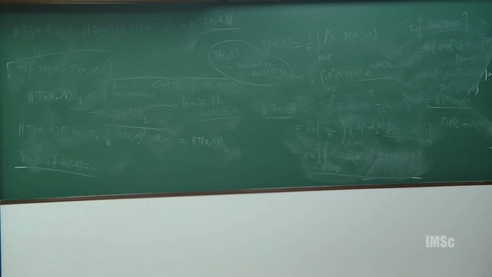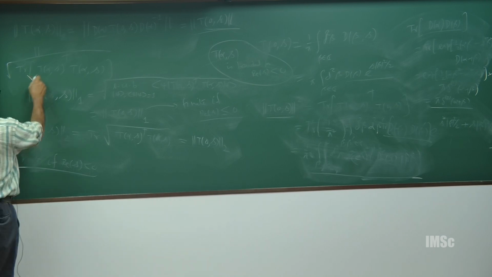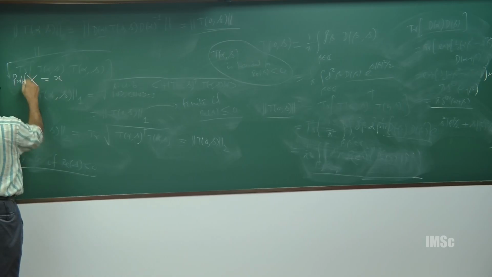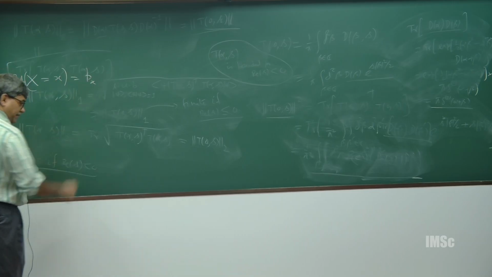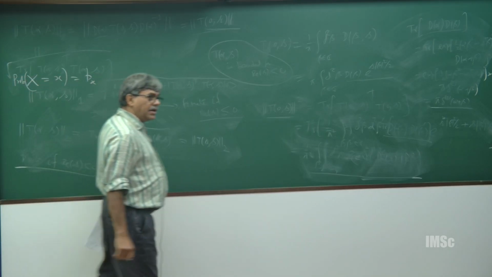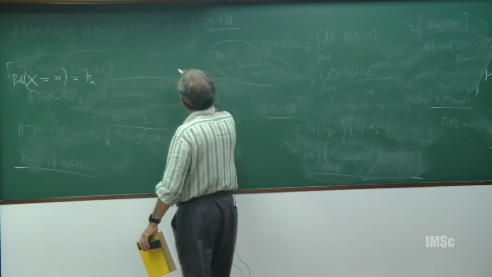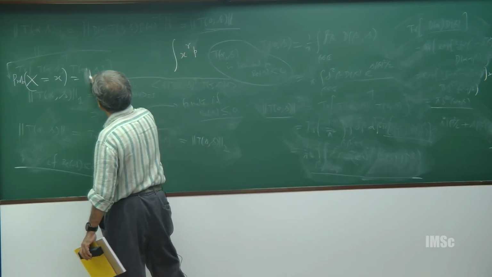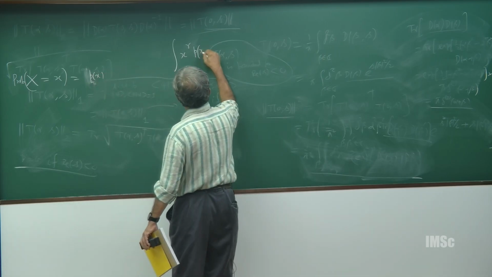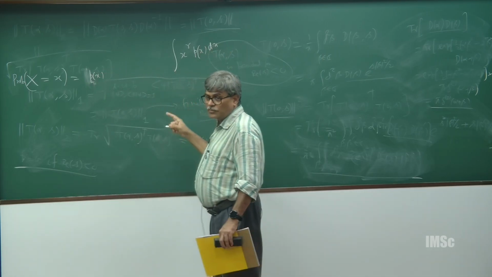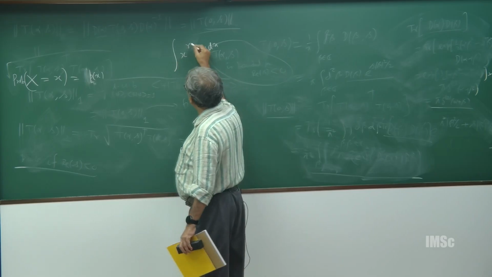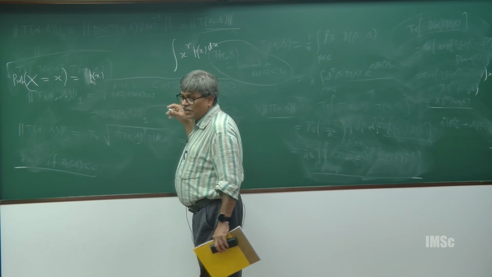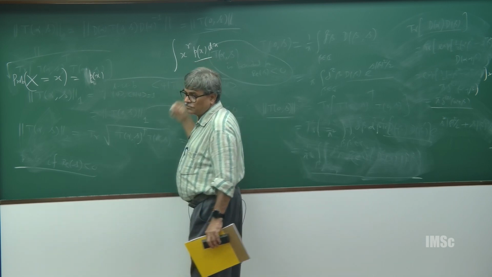So, if I have a random variable, okay, x, which can take values small x and there is some probability, let us say it is p of x, then I can figure out all these, x to the power r p of x dx. Okay. So, for all different values of r, that will give me the moments, and once I know the moments, in principle I know the probability distribution, right.